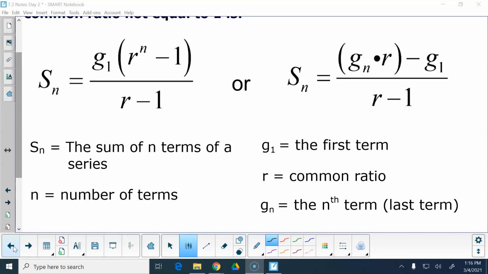Again, I apologize. Fractions are going to be your friend again today. On certain ones. On different ones, you don't have to worry about fractions. But if your r value is a fraction, you will have a fractional answer. There's just no way around it.